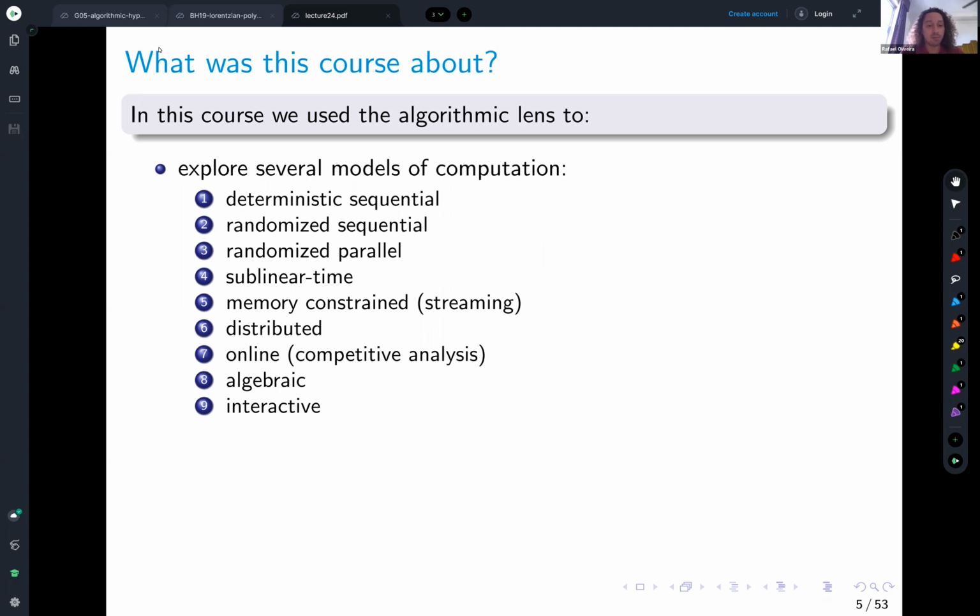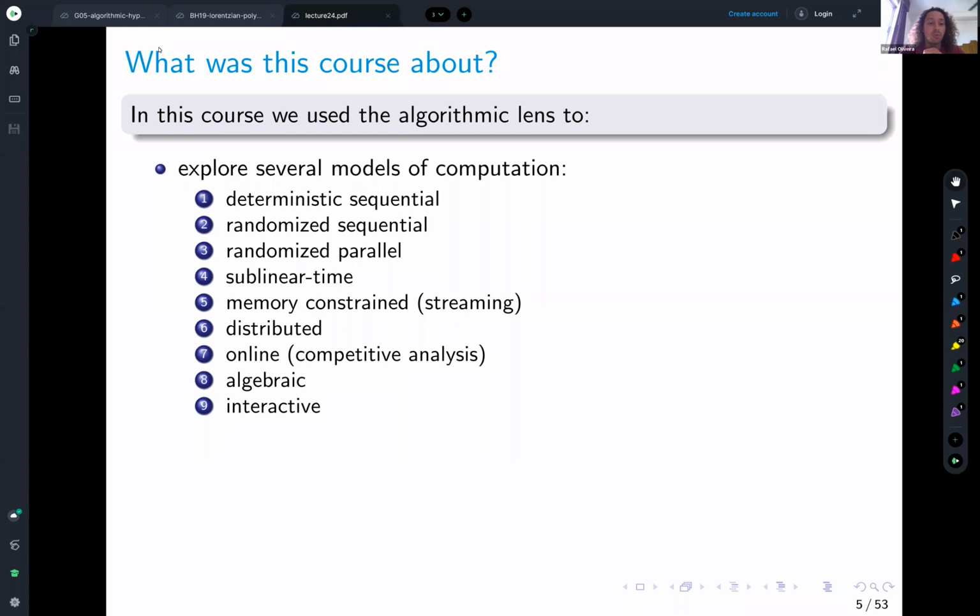sublinear time algorithms, and also memory constrained algorithms, right, which was the streaming, for example. And we also had distributed algorithms. We also had online algorithms, right, where we learned the competitive analysis. And we also saw some algebraic algorithms, which are more like matrix multiplication.